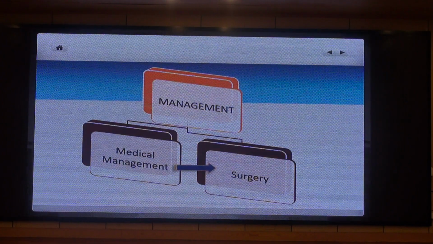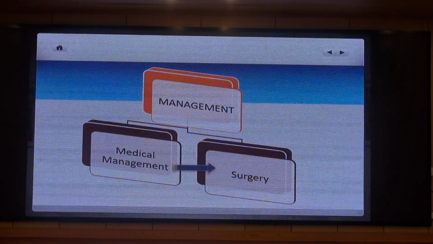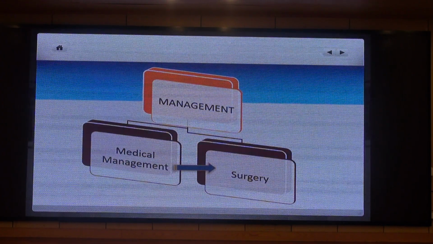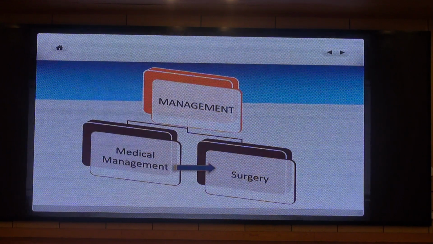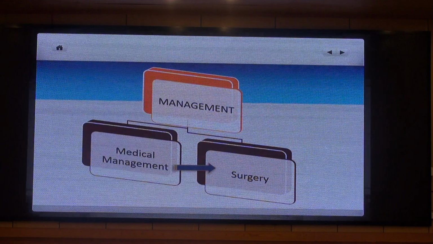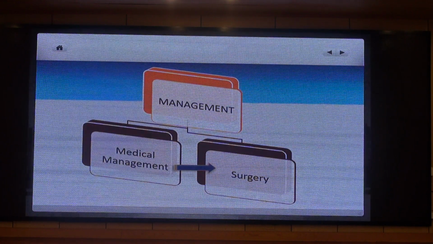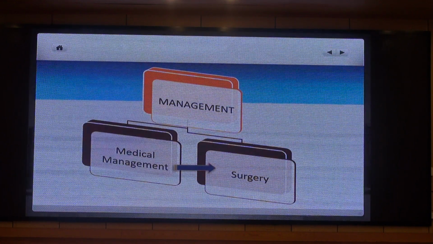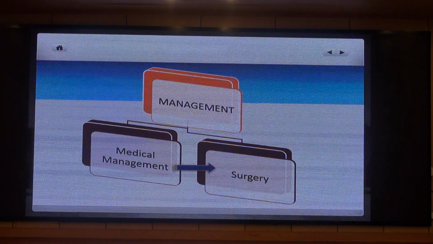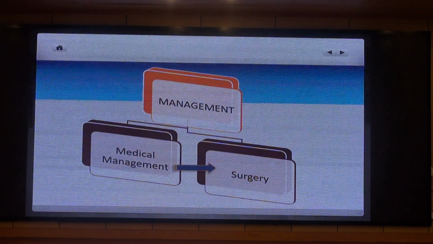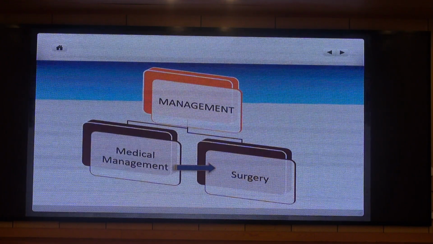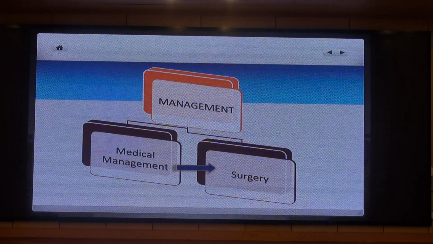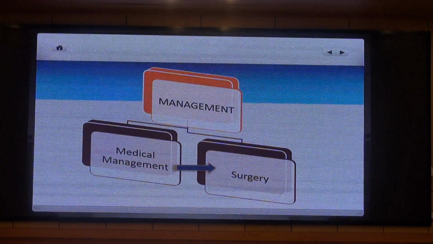About the management, it is the main thing I want to talk about today. Management includes medical management and surgical management. And sometimes, when we follow up the patient, we have to change from medical management to surgery if it damages the function of the eye.